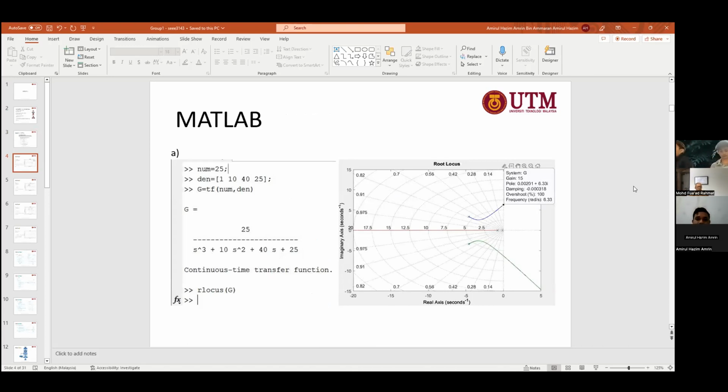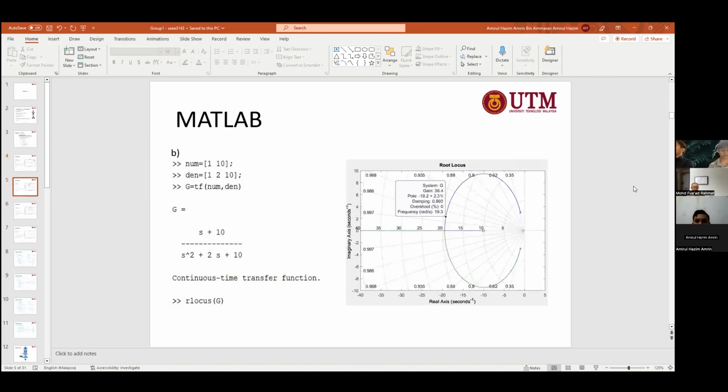First we declare the numerators and the denominators, and then we generate the transfer function. And then we generate the root locus plot. Next slide, please. So this is for B, 7.1b, same as the first question, 7.1a. Then next.